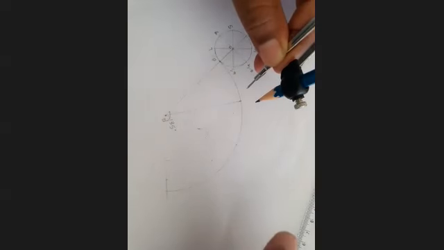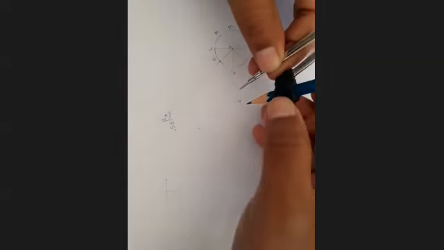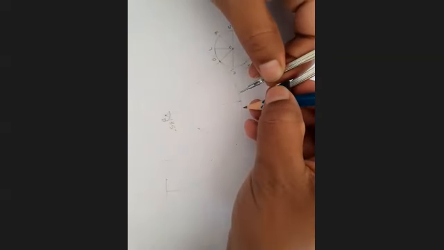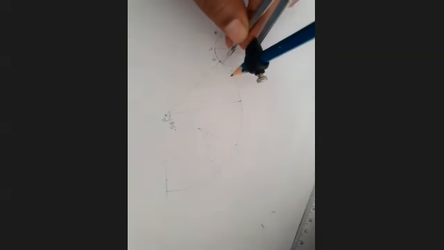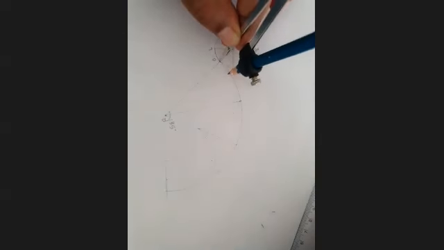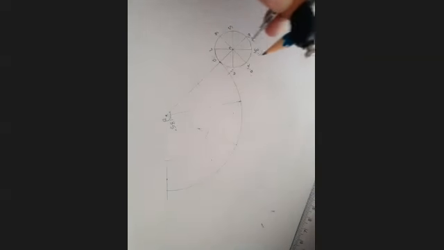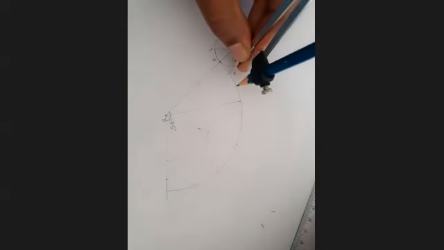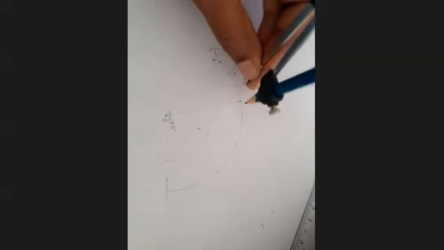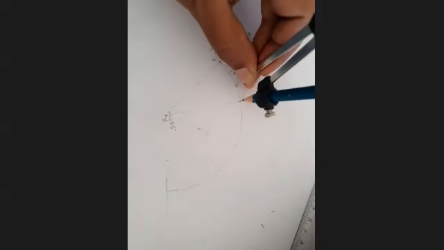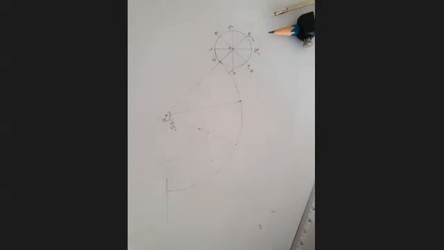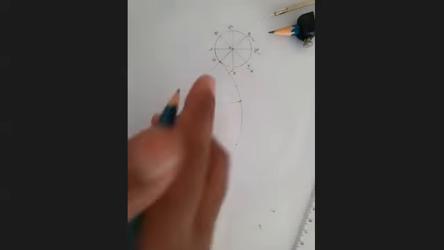If it is falling short, we extend the compass a little bit and try once again. First arc, next same radius the second arc, next the third. See, I have divided that into 3 parts, by trial and error method.